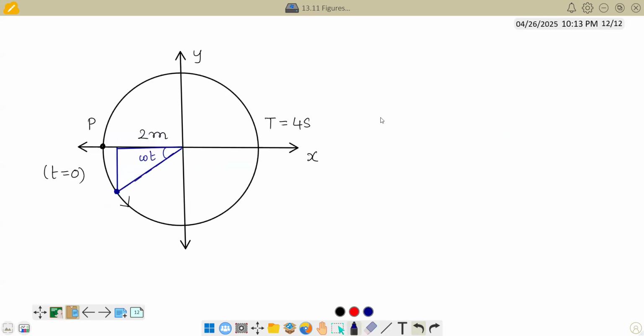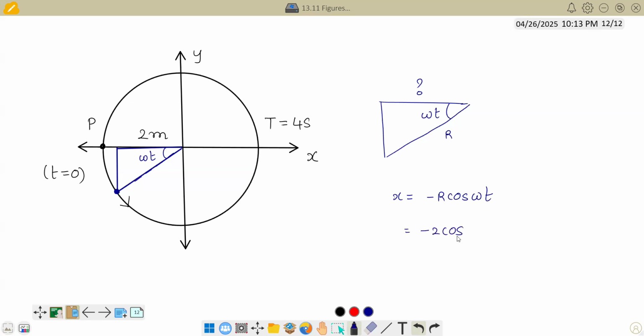So if I construct a triangle, this is r, this is omega t. Now, what will be this value? This is on the negative side. So we can write x equals minus r cos omega t, because the side to which theta is attached would be cosine. And one more thing is that this is on the left side, the negative x-axis. So that's why this is minus r.